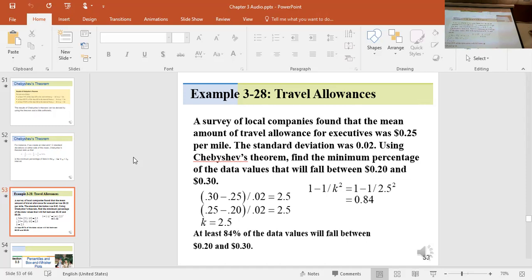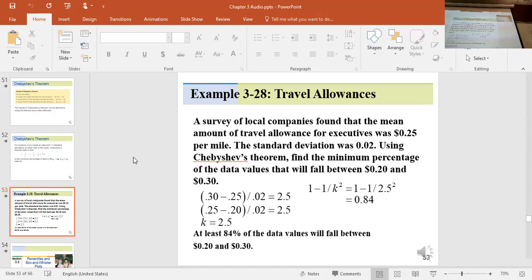This is the interval that they told us is the Chebyshev interval. To find k, we will solve by saying these two are the same. Or we can solve by saying that this is the same.